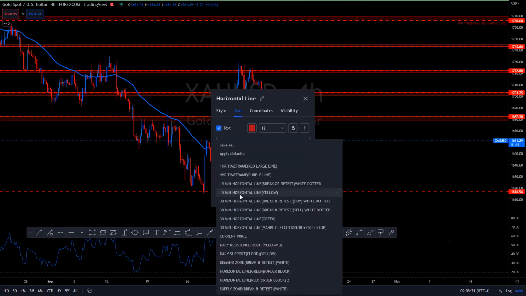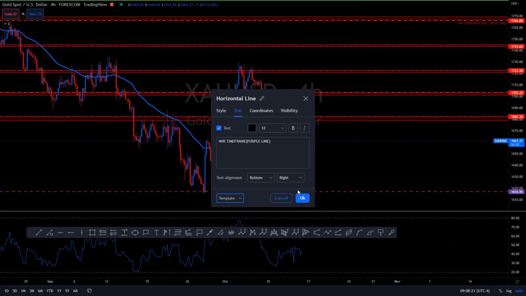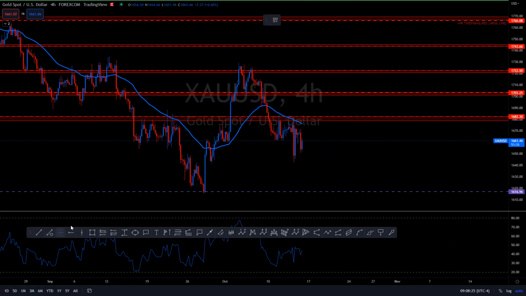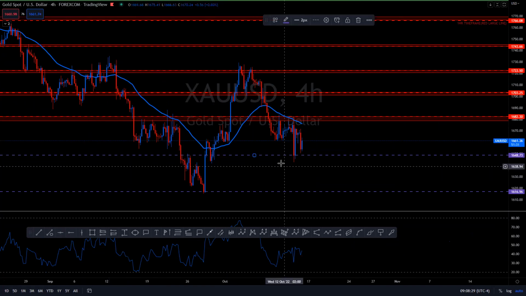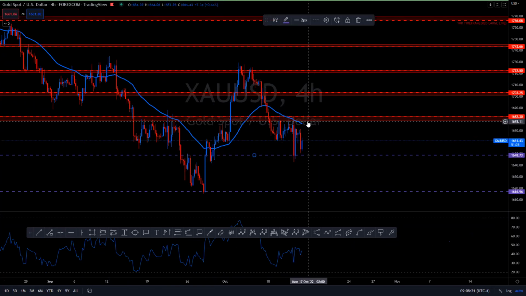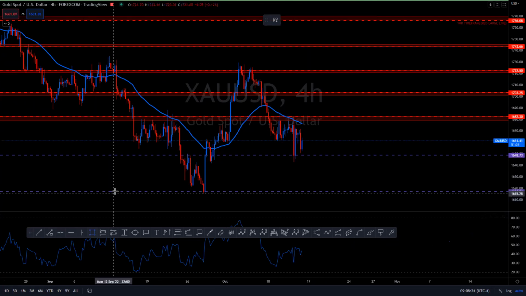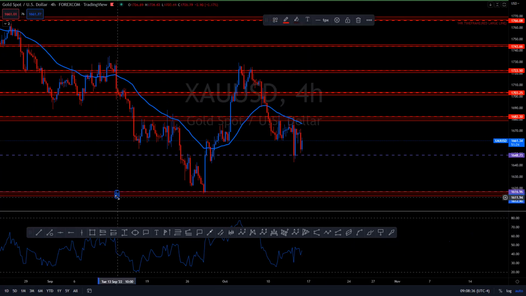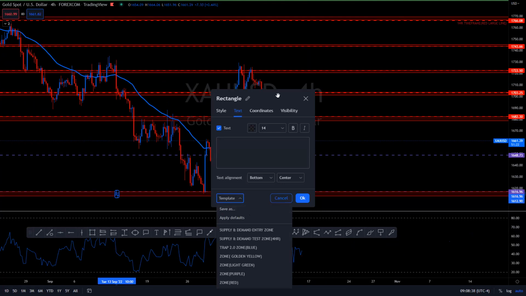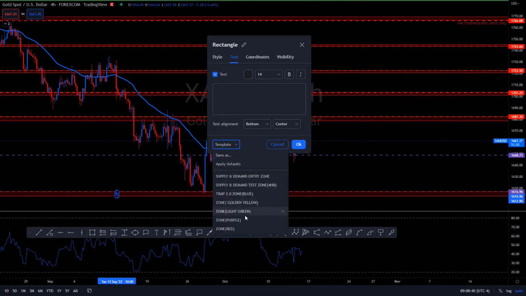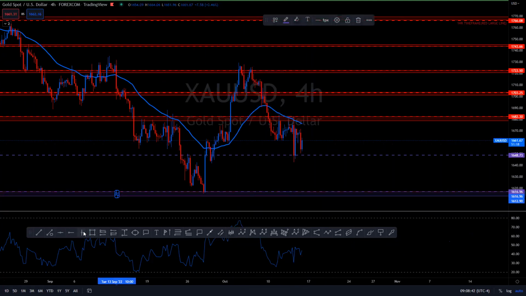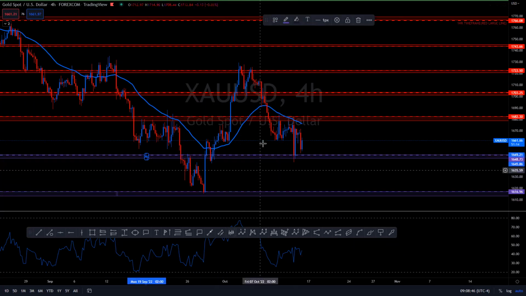Let's make this purple. Another demand zone here and a supply zone here.